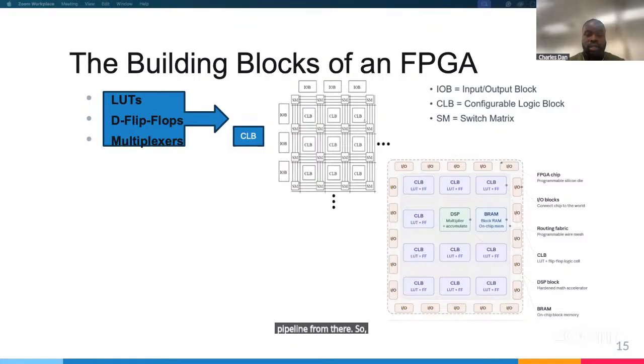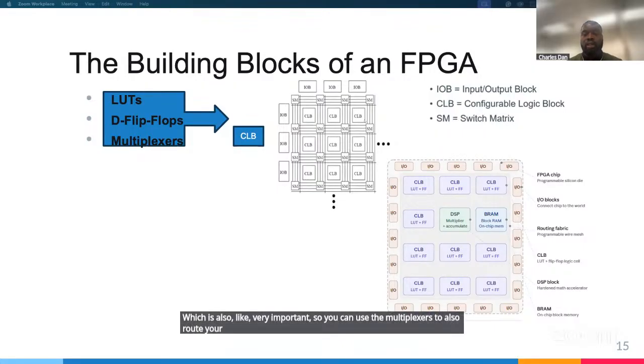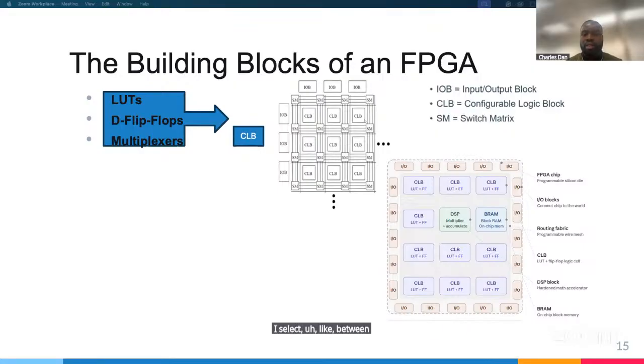The next one is the multiplexers, which are also very important. You can use the multiplexers to route your signals and also select between different states or different logic paths. This is what gives the fabric the flexibility to use.